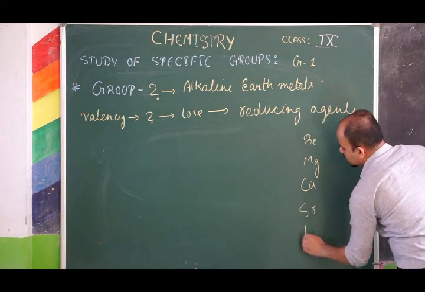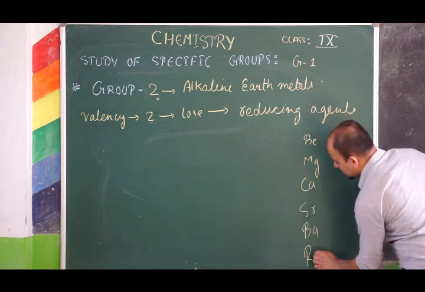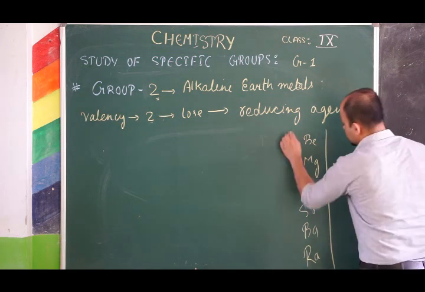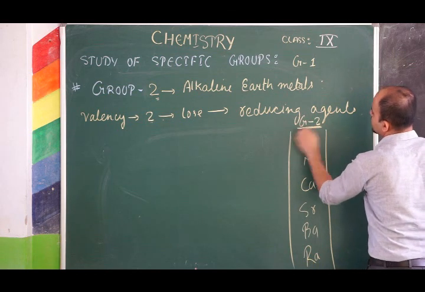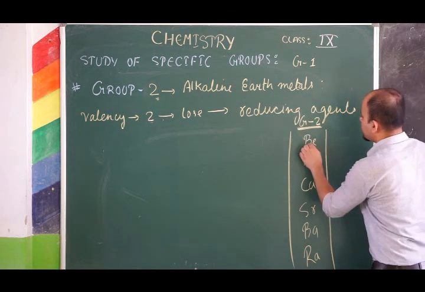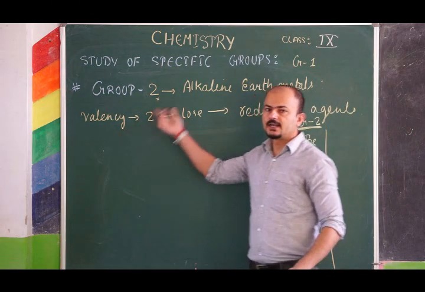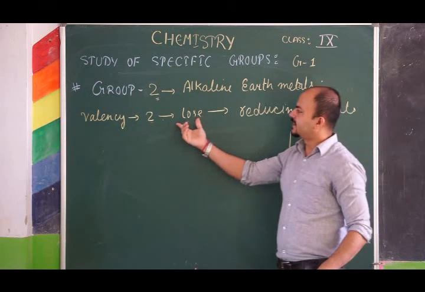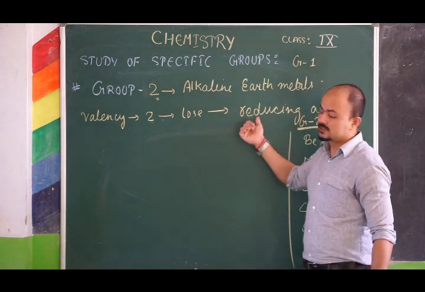These elements are group 2 elements. Please remember. And most importantly, valency 2, alkaline earth metals. Since it has 2 electrons, it tends to lose its electron, therefore it acts as a reducing agent.